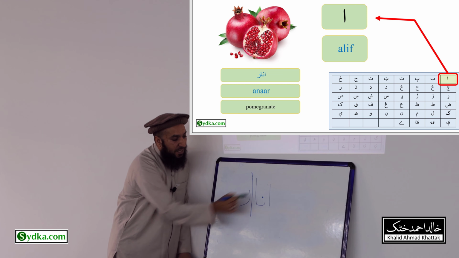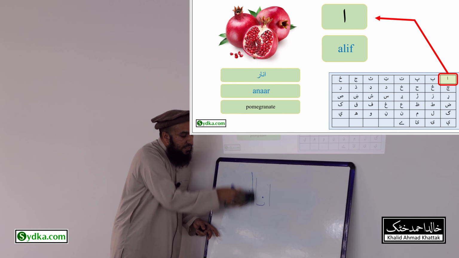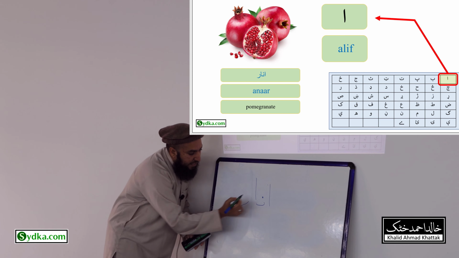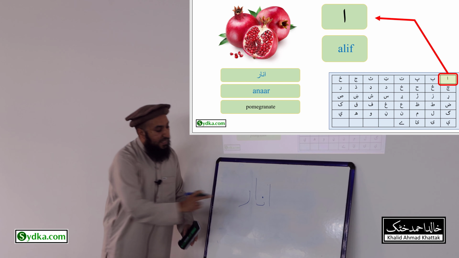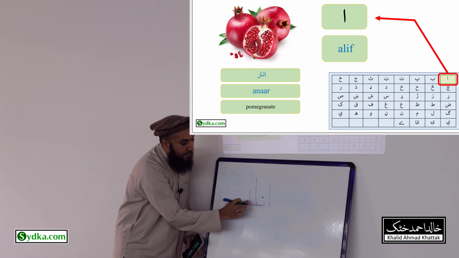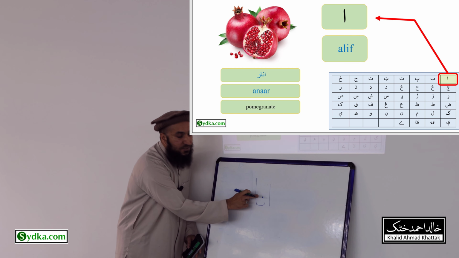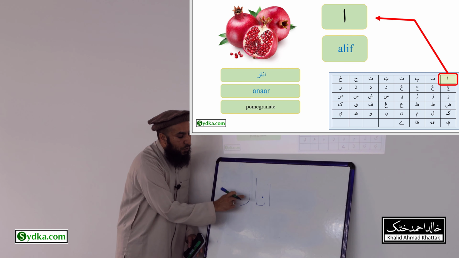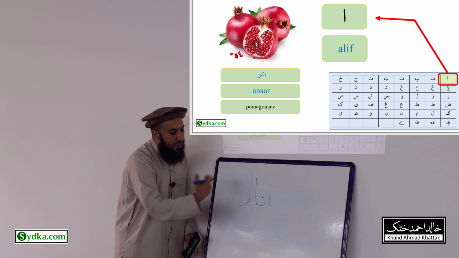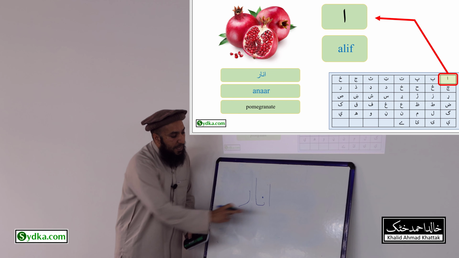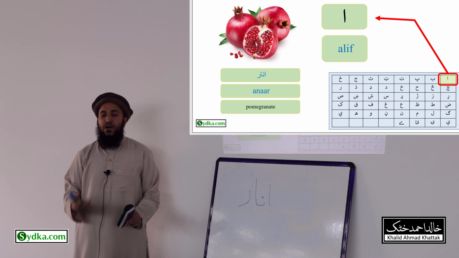We can't connect anything after it. Re itself is a non-connector, but something can be connected before it. So because of this alif's property of non-connection, we can't connect this re with it. You will see other letters, for example noon. Is it a connector or non-connector?